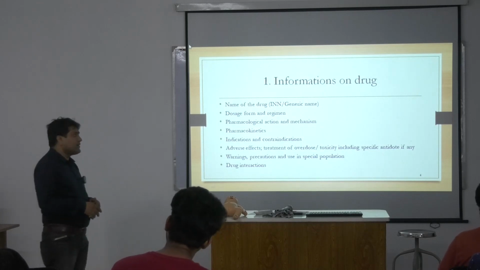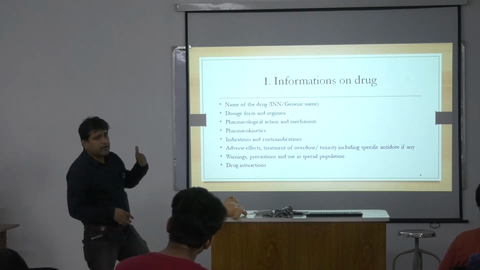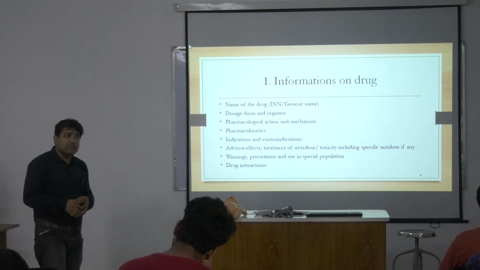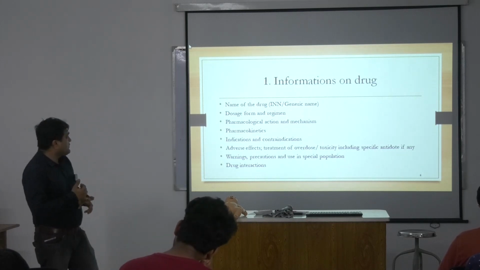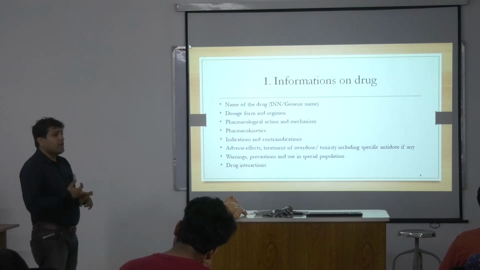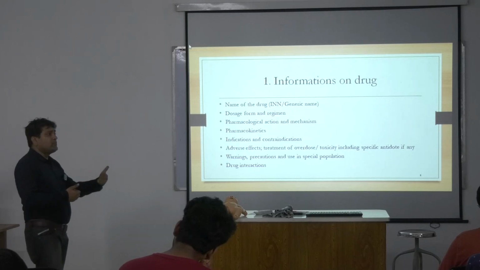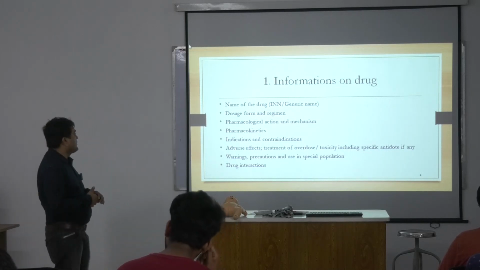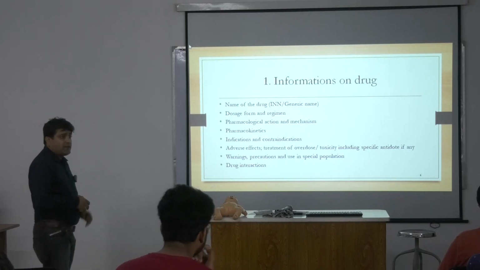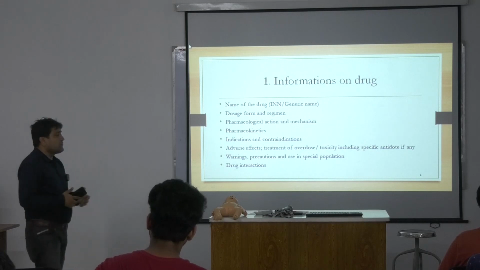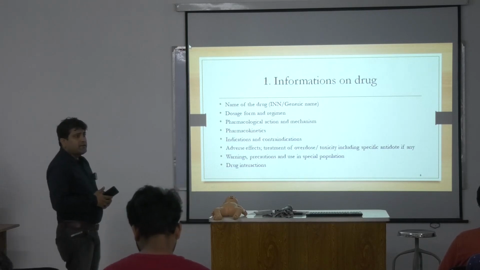What is the name of the drug, generic or international non-proprietary name, dosage form and regimen, active ingredient content, pharmacological action and mechanism, warning and precautions to be used in pregnancy or lactation, in hepatic failure patients, renal failure patients, pharmacokinetics, indications and contraindications, adverse effects, treatment of toxicity.